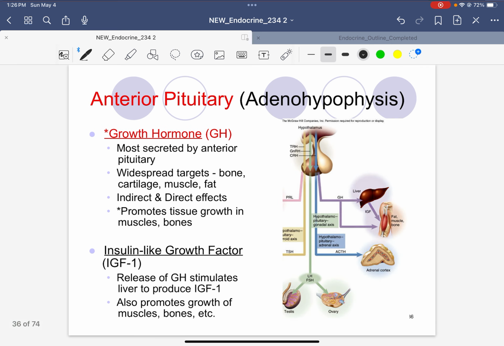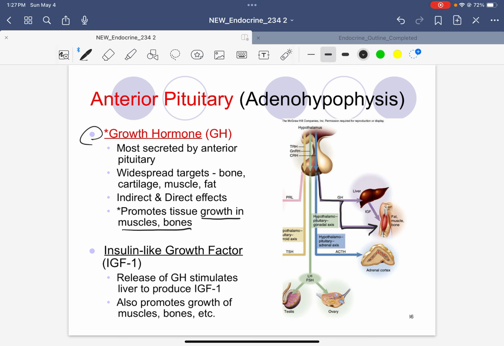And then, of course, of interest to you, I'm sure, is growth hormone secreted from the anterior pituitary gland, and this goes everywhere. Primarily, we think about growth hormone going to muscles and bones, so it promotes growth in muscles and bones.